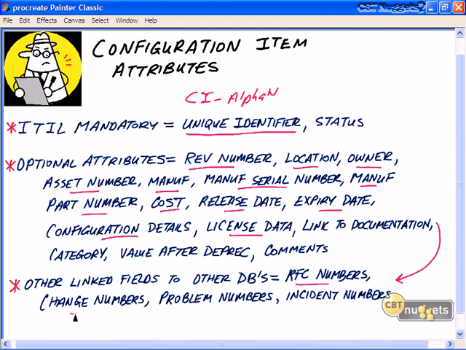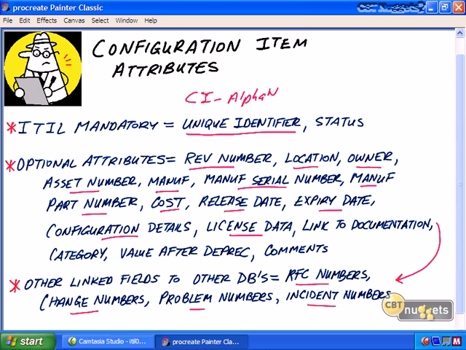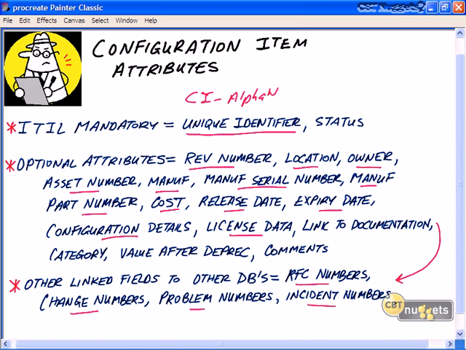Change numbers, problem numbers, incident numbers. So under the domain of incident management or problem management or change management, you may have your own numbers or identifiers, and those fields in those tables can be linked to other tables in this configuration management database.